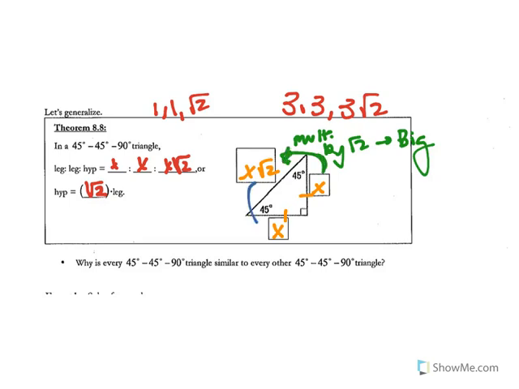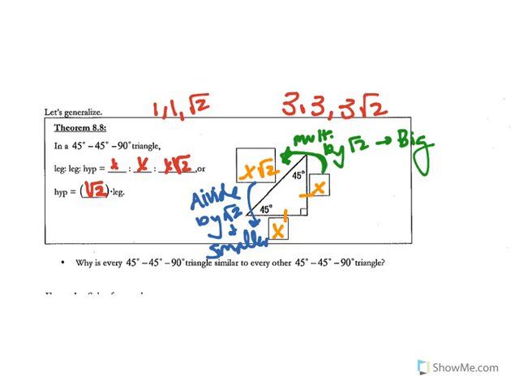And if we're going from the hypotenuse to the leg, we're going to divide by root 2 because we want to go smaller. The legs are smaller than the hypotenuse, so we have to divide to make it smaller. Okay? That's just a little thing I like to think about. So you multiply one direction, you divide the other. We're going to do a couple examples, so don't freak out yet.